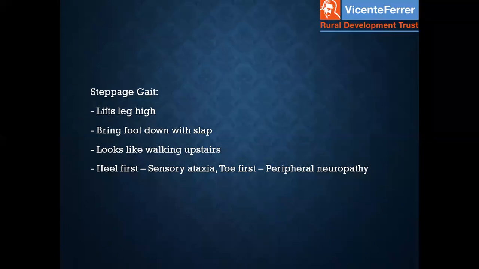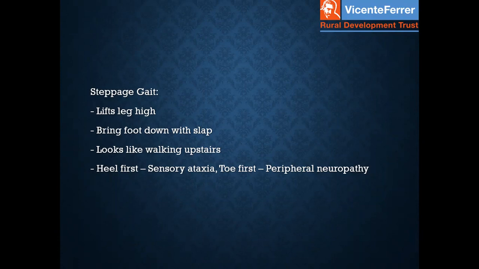Why the high stepping is happening in sensory ataxia and in foot drop gait, that is peripheral neuropathy, the mechanism, the purpose is different. In peripheral neuropathy, obviously there is dorsiflexor weakness, so the initial contact will be toes only. Whereas in sensory ataxia, there is no weakness in the dorsiflexors of the foot.